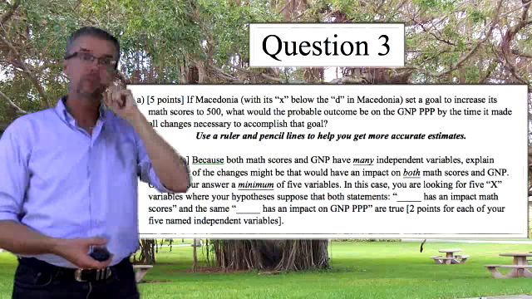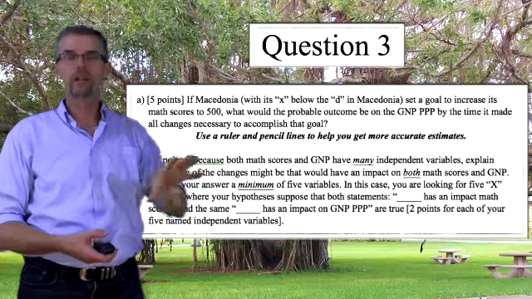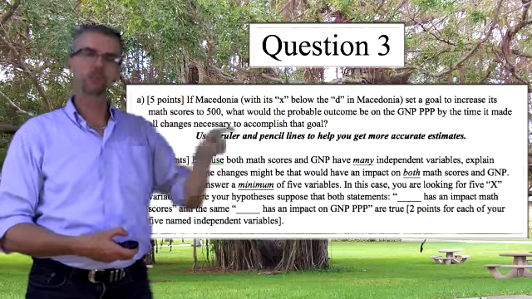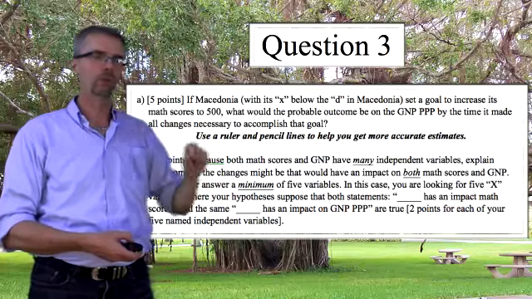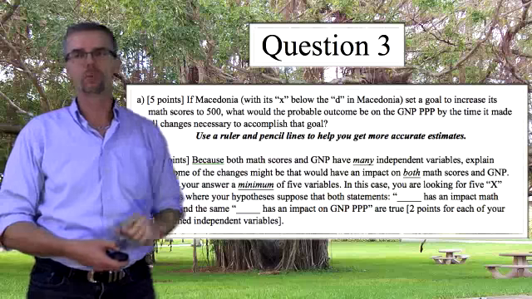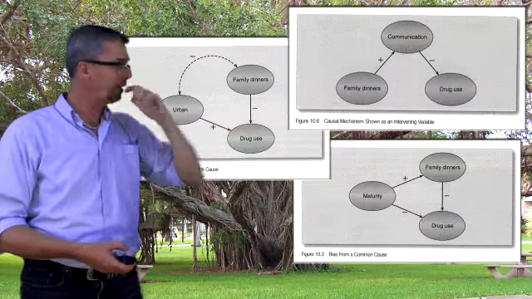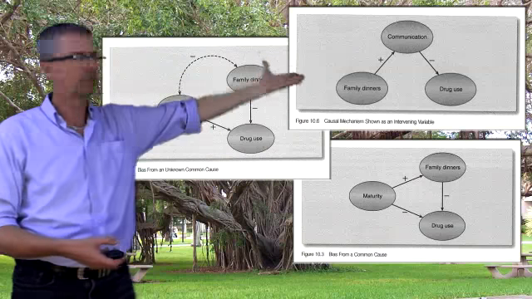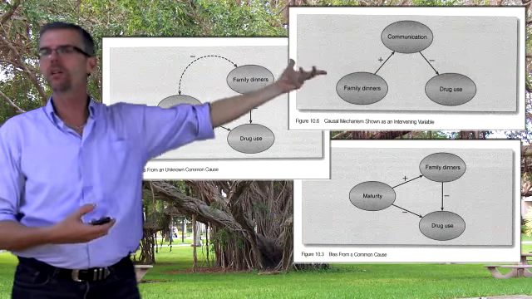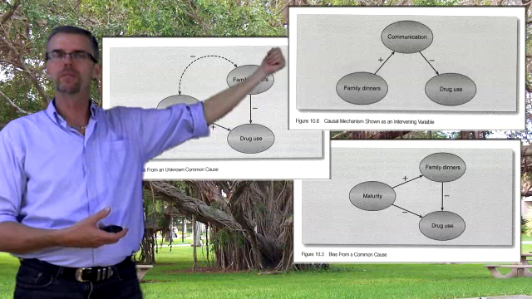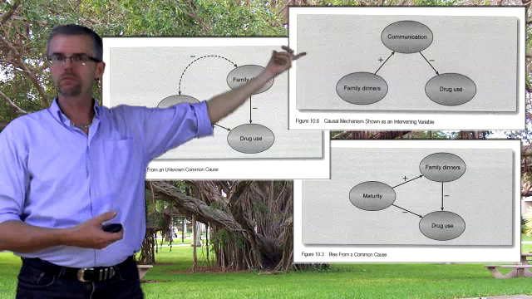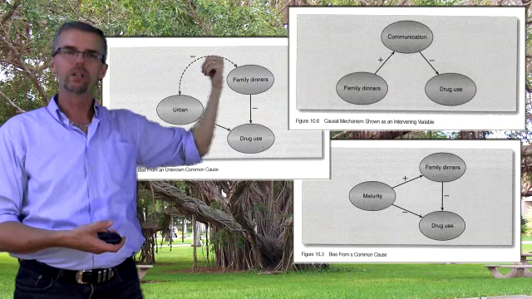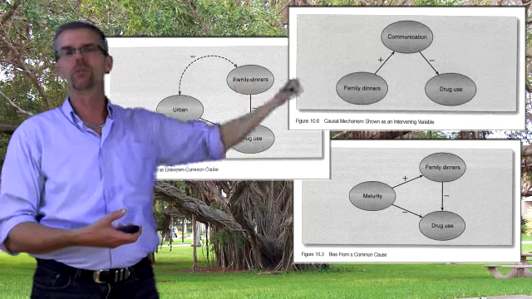Now, there are literally hundreds of things that can change a math score that would also at the same time be something that would increase gross national product per person. Remember the idea that you can have bias from an unknown common cause as represented by this model here. Remember we talked about whether family dinners are correlated to a decrease in how kids will start using drugs or start smoking.